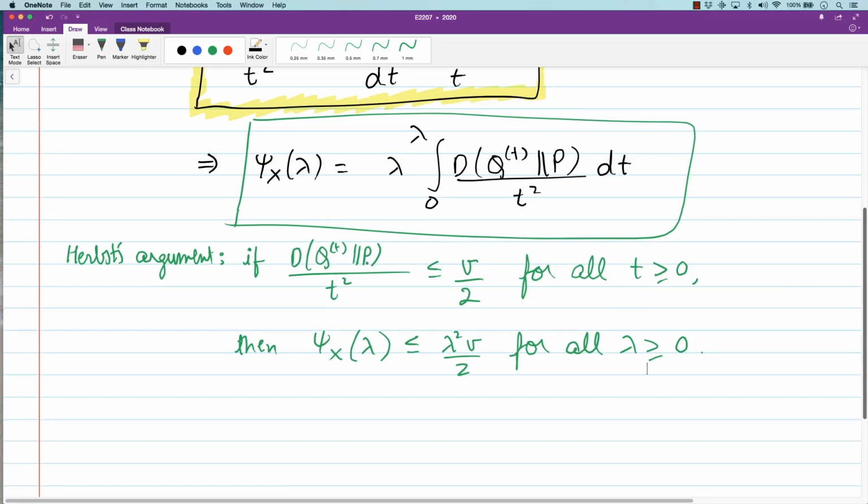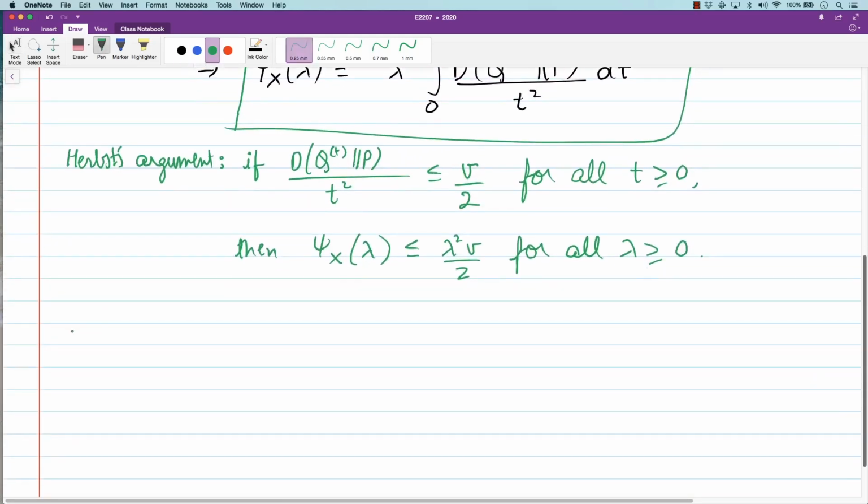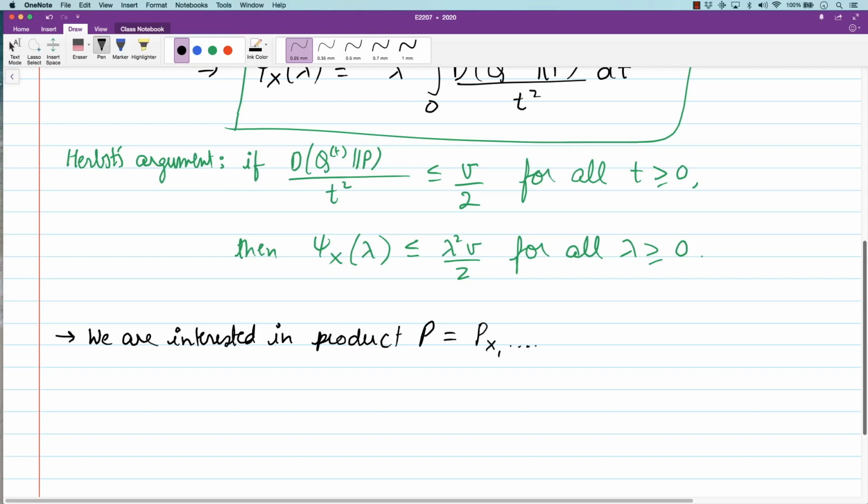Note that we are interested in product measures, P, which we associate with different coordinates of a random variable: P_X1 times P_X2 times up to P_Xn.